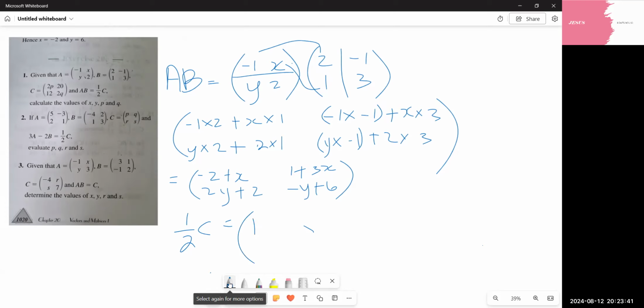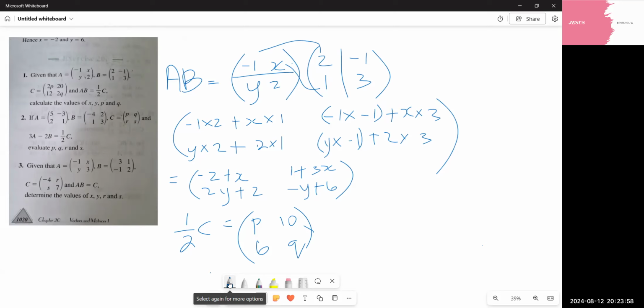Half of 2p would leave 1p. Half of 20 would be 10. Half of 12 would be 6. And half of 2p would be 1p. So we have worked out AB and half C.